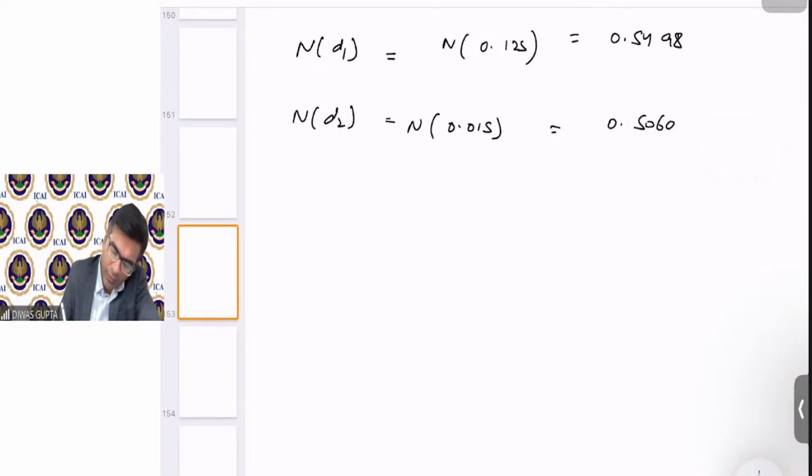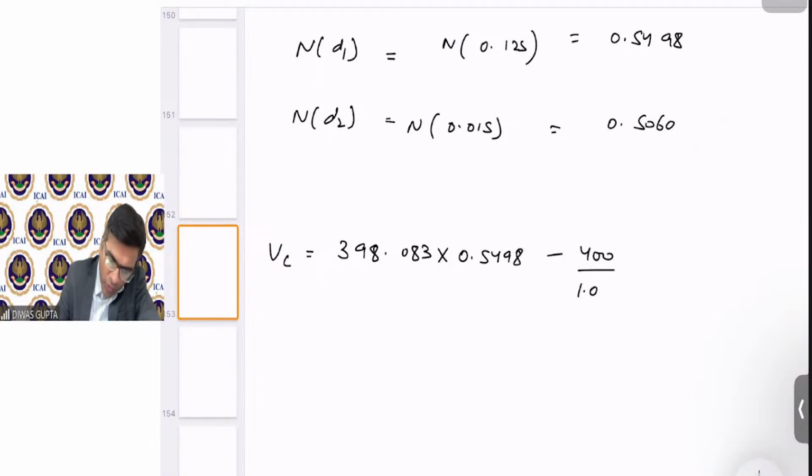So the value of call is equal to 398.083 multiplied by 0.5498 minus 400 divided by 1.012578 multiplied by 0.5060.